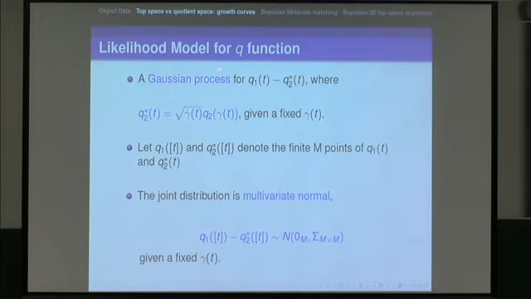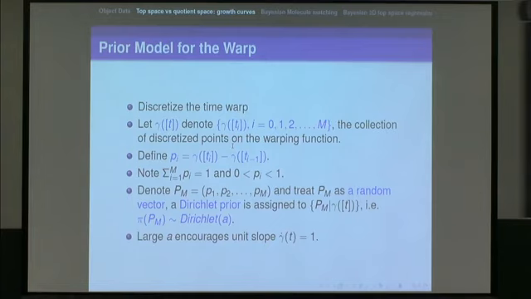So we say that the difference between the two Q functions is a Gaussian process, where Q2 star is the warped version. You've got one of these square root velocity functions, and you're warping the other one, Q2 star. We give it a multivariate normal if you look at a finite set of points. That's the model for the Q function.